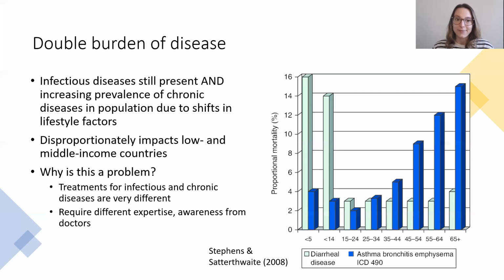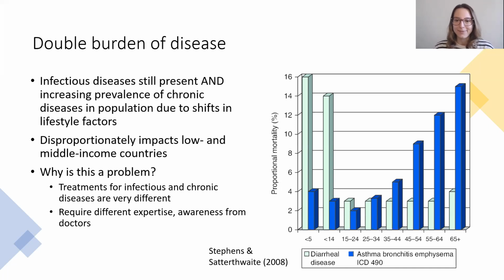Now, the double burden of disease disproportionately impacts low and middle income countries. Again, for obvious reasons, because in many ways their own demographic transition model is shifting, from a lower industrialized economic state to a higher level of economic development. Now, why is that a problem?